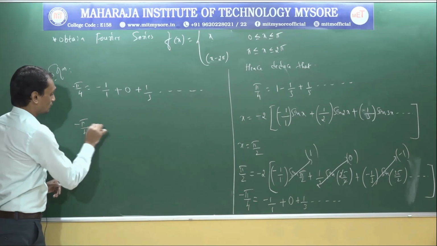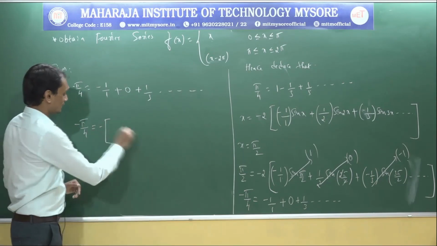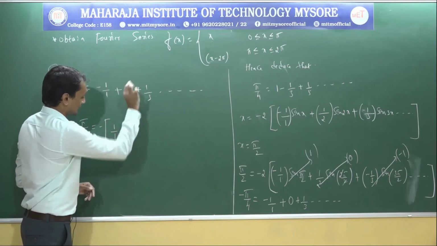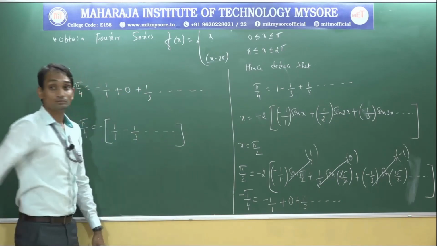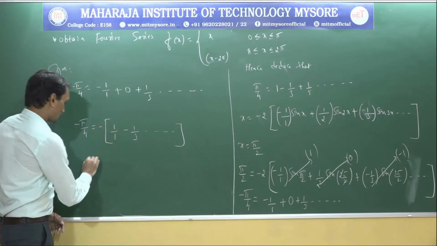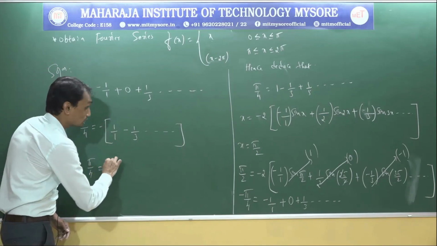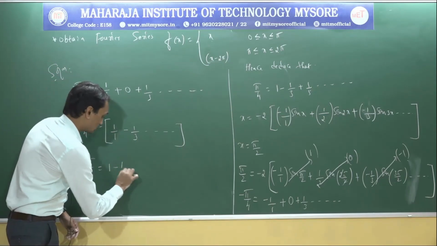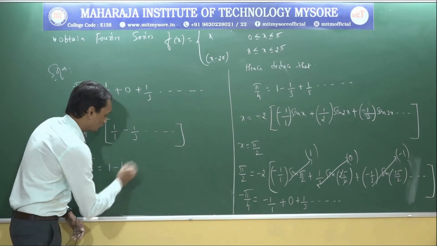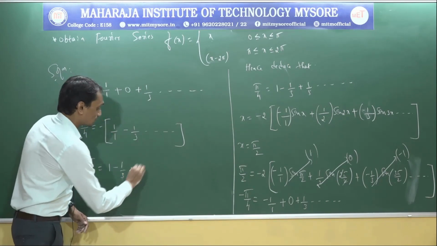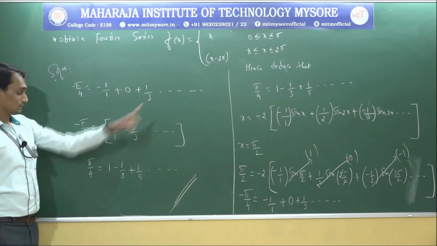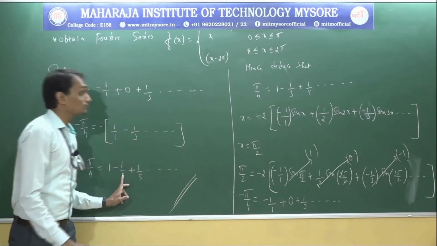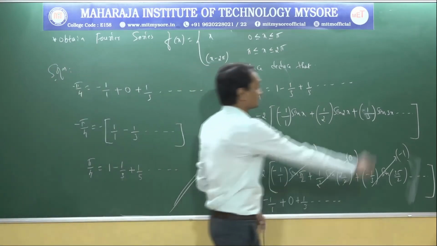So minus pi by 4 equal to minus, bracket 1 by 1 minus 1 by 3, and so on, since the second term will be 0. Now if I cross multiply, pi by 4 equal to 1 minus 1 by 3, and if you apply it for one more value, plus 1 by 5, and so on, you will get. This is the required value: pi by 4 equal to 1 minus 1 by 3 plus 1 by 5, and so on.